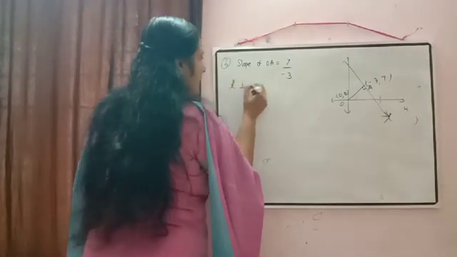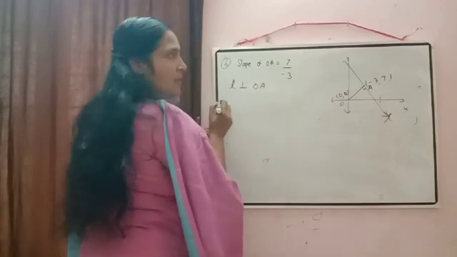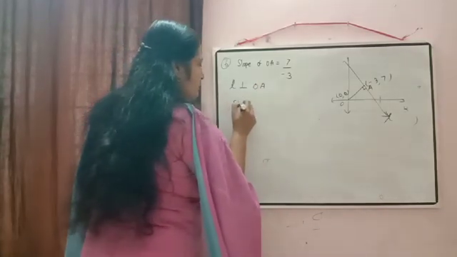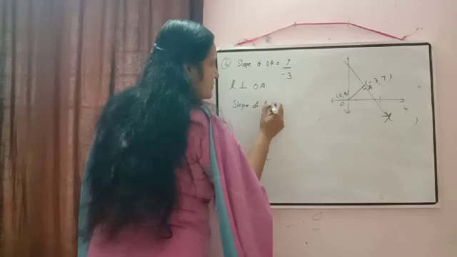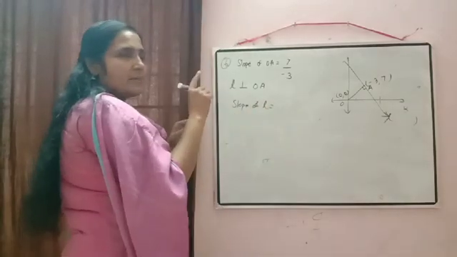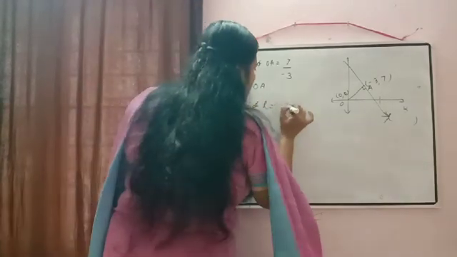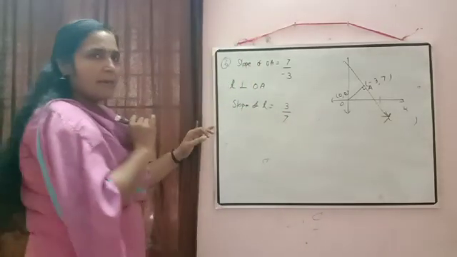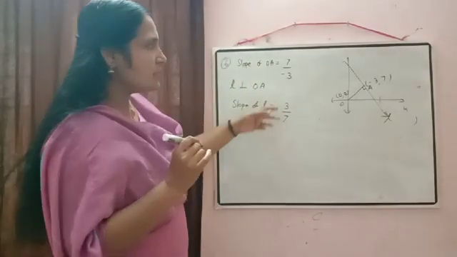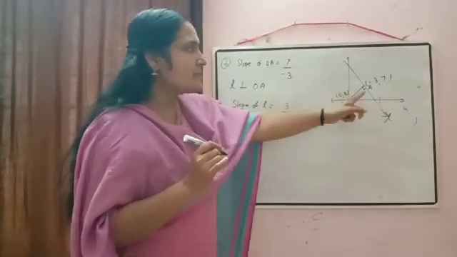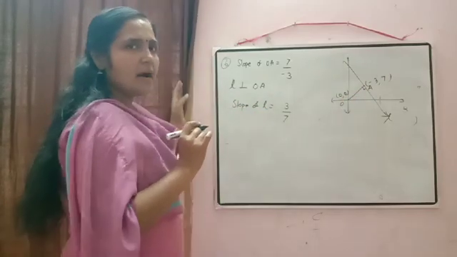Now write down: L is perpendicular to OA. Therefore, what will be the slope of L? Take the reciprocal and change the sign, so it will be equal to 3 by 7. Now we know the slope and it passes through the point minus 3 comma 7.